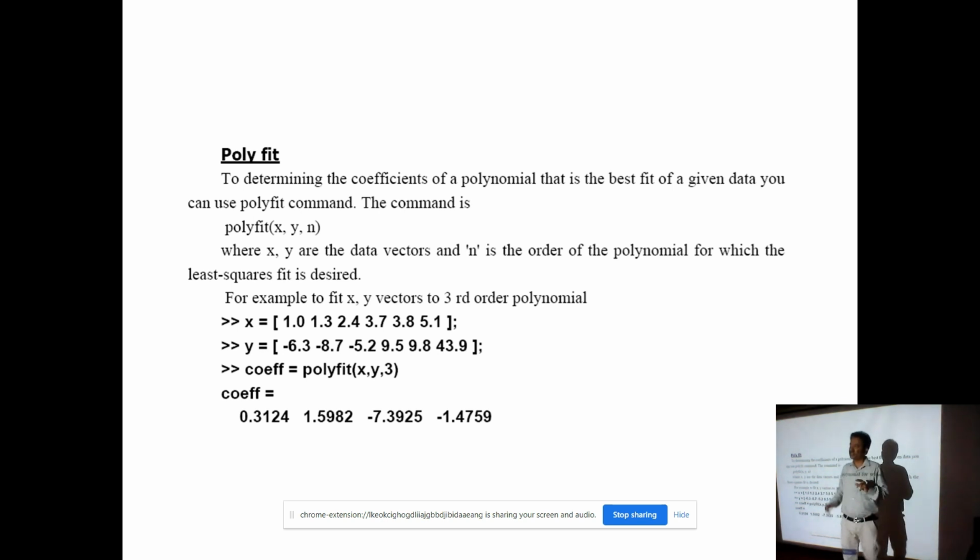So what is my polynomial equation for this data of x? The equation is 0.3124 x cube plus 1.5982 x square minus 7.3925 x minus 1.4759. So that is my complete polynomial equation.